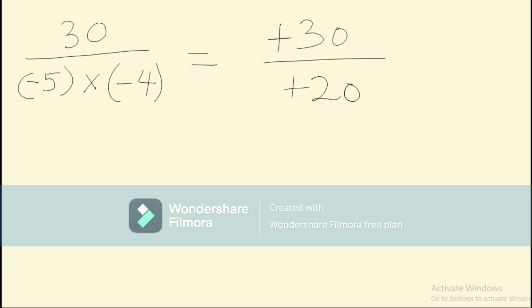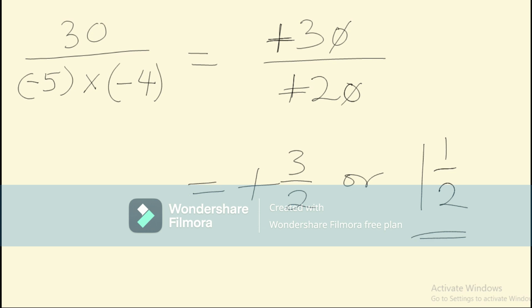Of course you can cut the zeros away. Positive divided by positive is still another positive, so you got positive 3 over 2, or one whole number 1 over 2. That's basically the answer there.